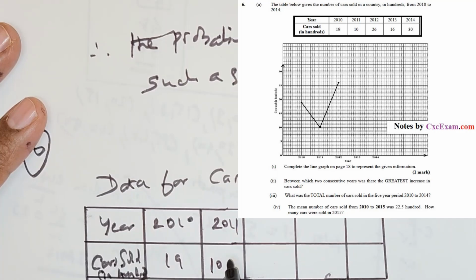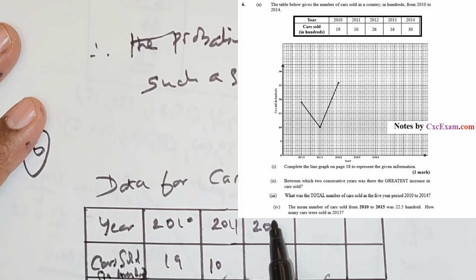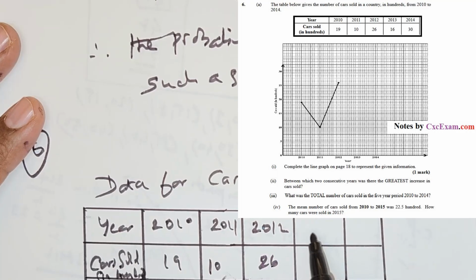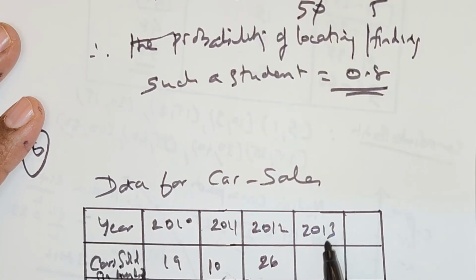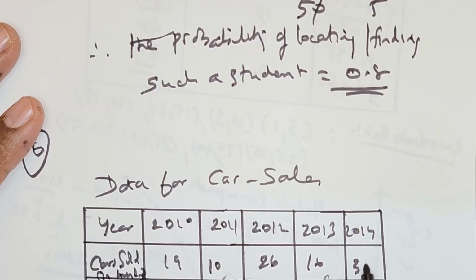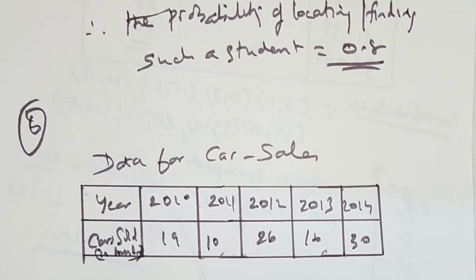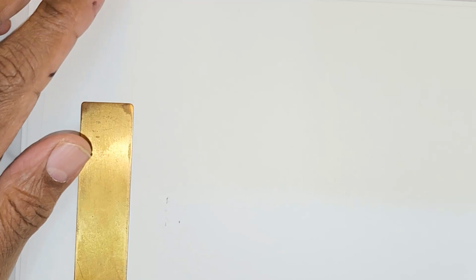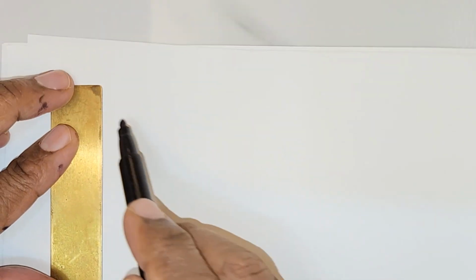2011, 1000. 2012 you have 2600. 2013 you have 1600. 2014 you have 3000. Now we have to complete the graph. So let me show you the graph.